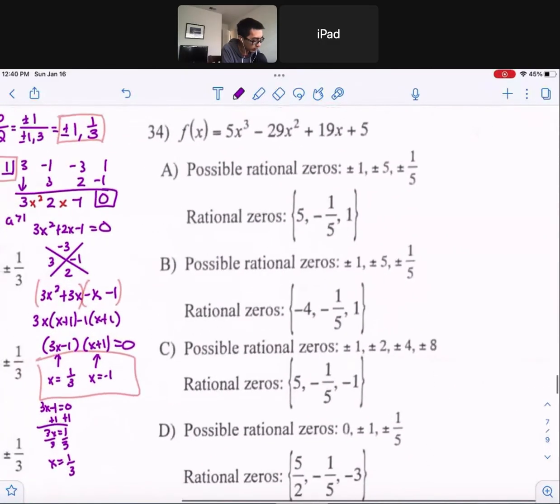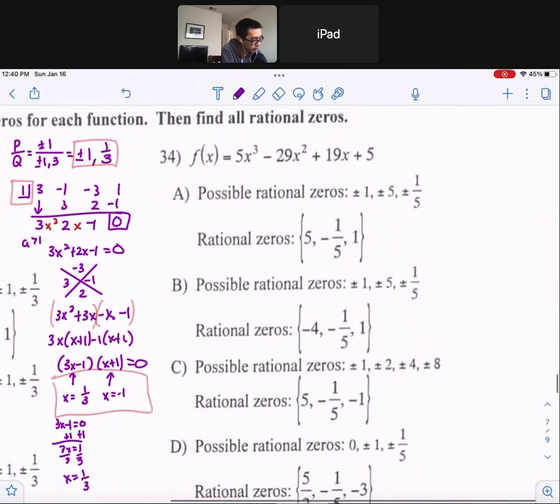Alright, 34, finding all our zeros again. P over Q, right? This is P, this is Q. Find the factors of P and Q. So factors of 5, plus and minus 1 and 5, and plus and minus 1 and 5. They're both 5, right? So 1 divided by 1 is 1. 5 divided by 1 is 5. 1 divided by 5, that's 1/5.